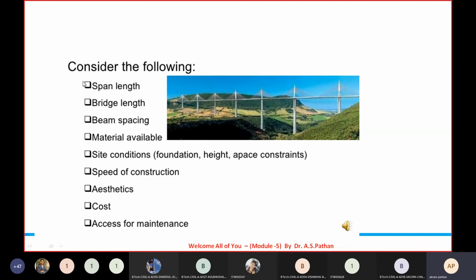These are the various aspects we consider while designing and constructing the bridge. So the construction, design and analysis of the bridge depend upon these factors.